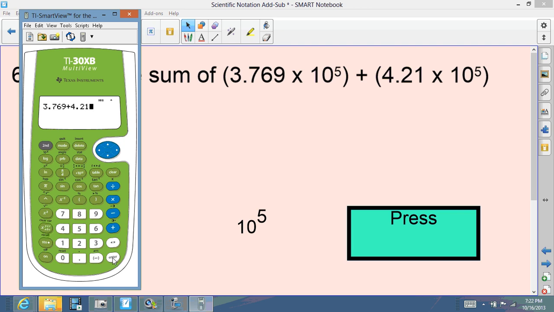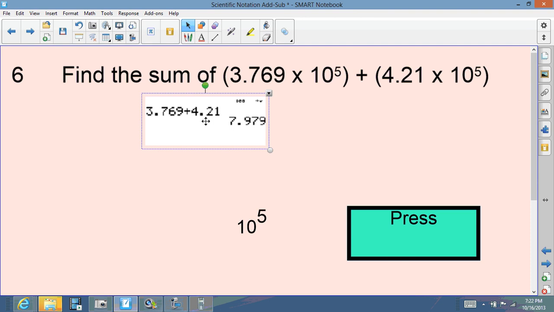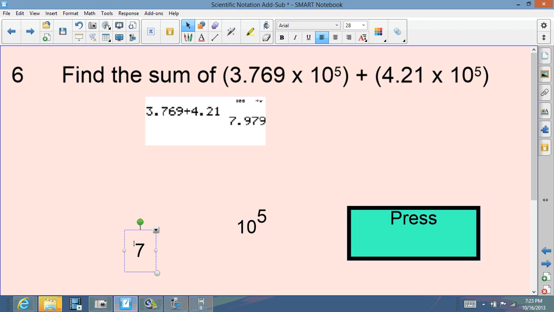And that'll give us a total of 7.979. And that's our new coefficient.